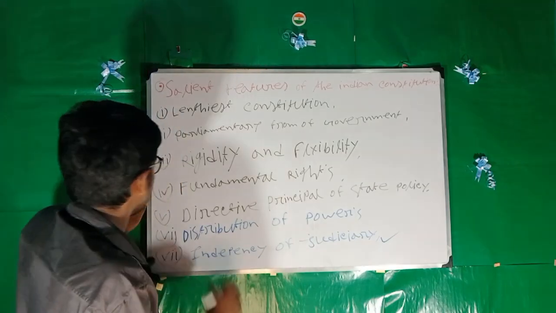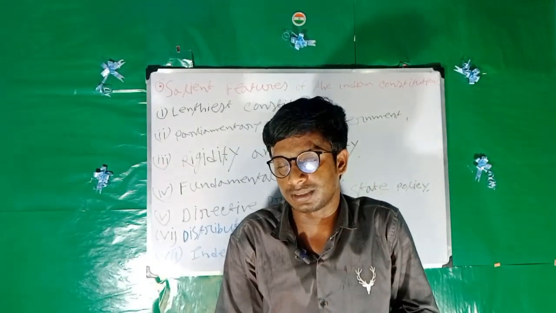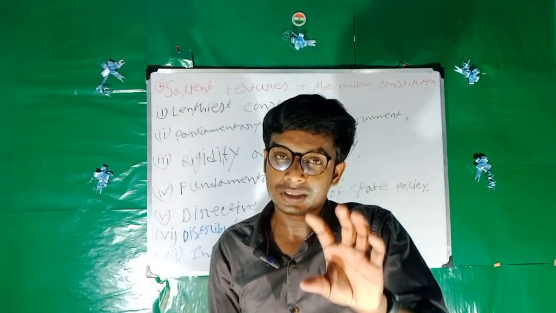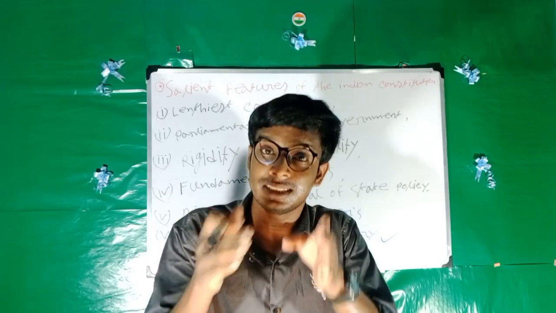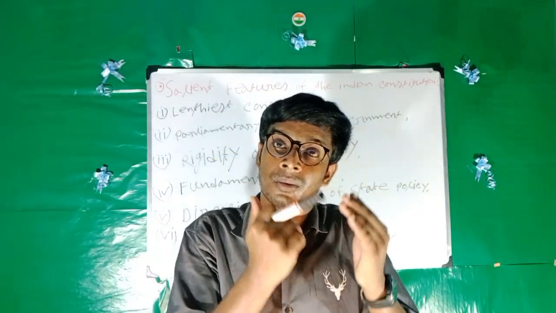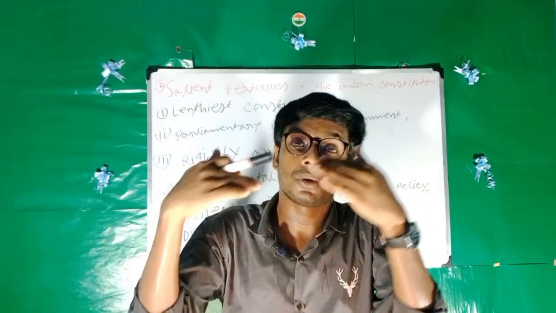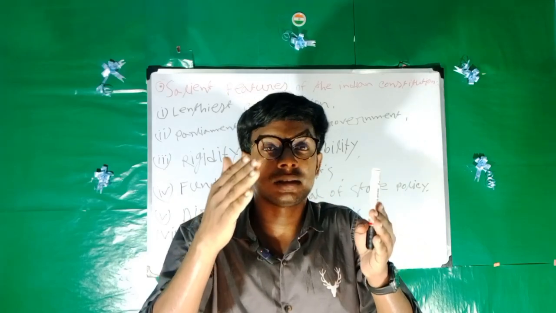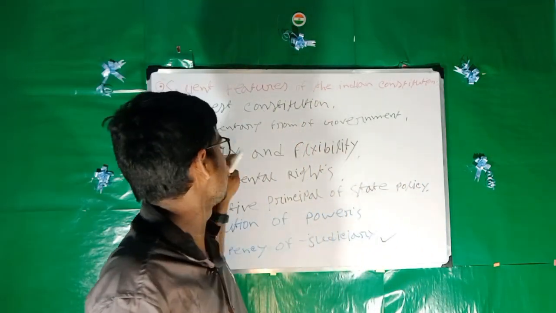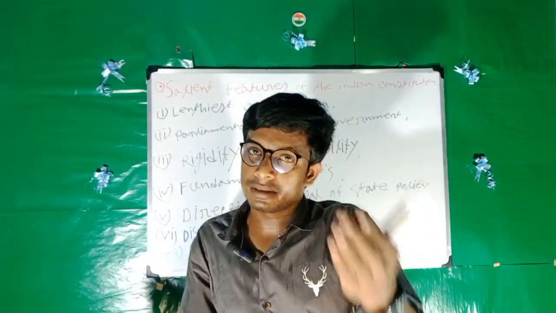Third one is rigidity and flexibility. Our constitution has these two most important features, rigidity and flexibility. Rigidity means we cannot change our constitution easily, but we can change it through special provisions by amendment. With a one third majority of the total members of the house, you can change the constitution by amendment. That is rigidity and flexibility: you can add to it and change it by amendment.